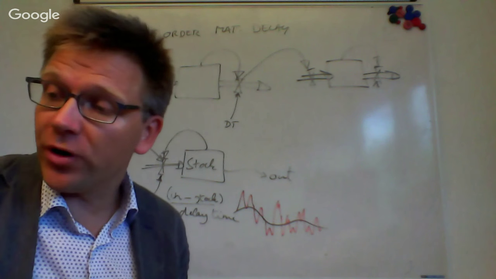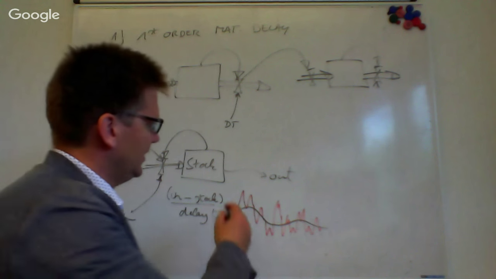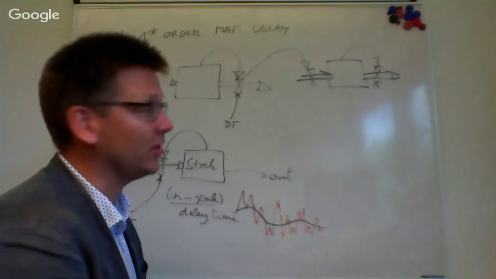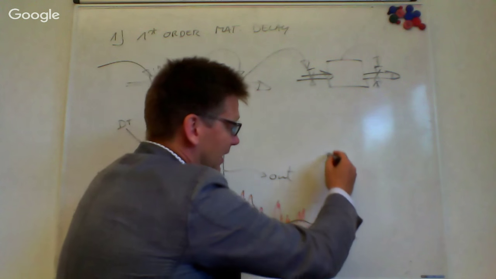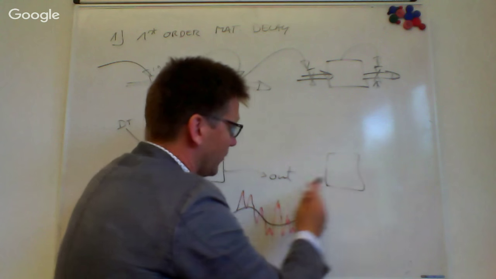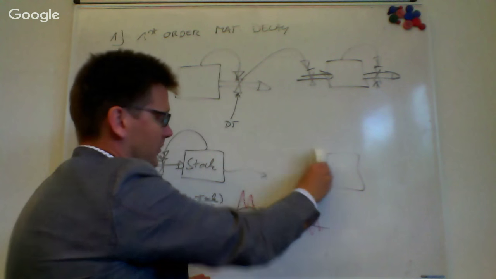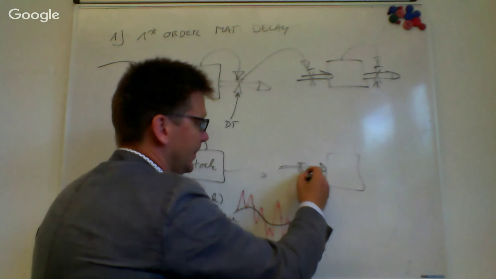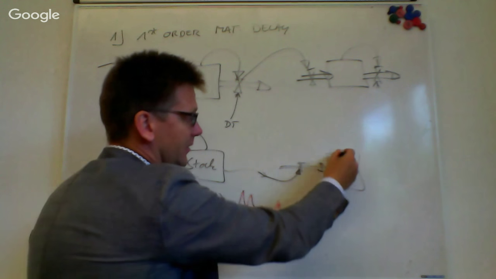And the second order information delay, structure-wise, is actually the same as the second order material delay. You would basically add another stock flow structure. So there's an inflow here, and whatever flows out here goes in here.